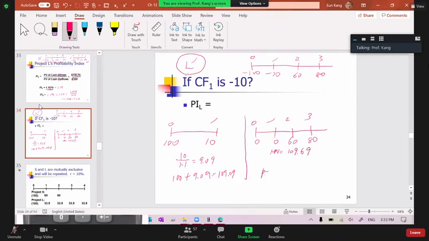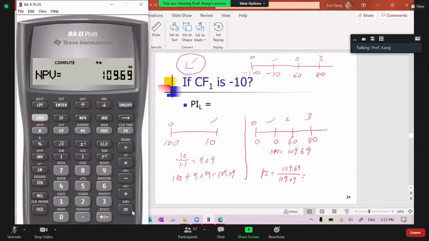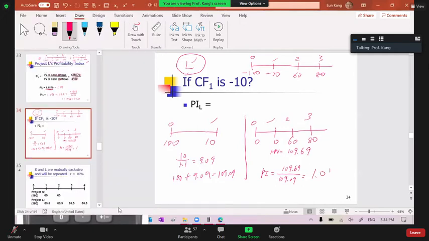So PI is present value of inflows 109.69 over 109.09. You can hit CPT, then salvage this number and divide by 109.09. 1.01. So that's the answer, 1.01.